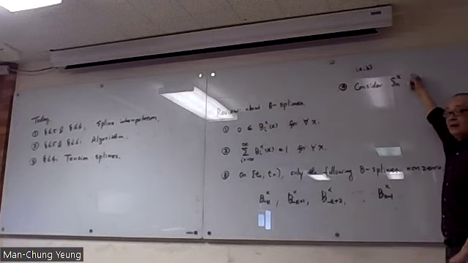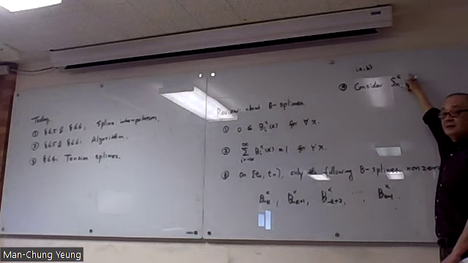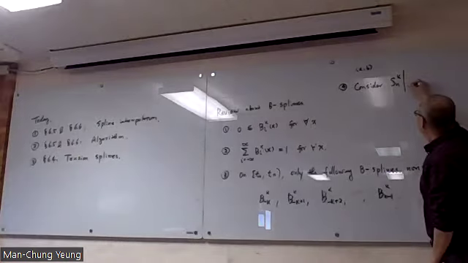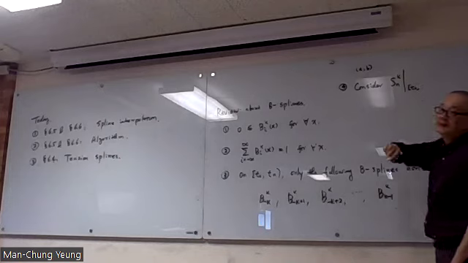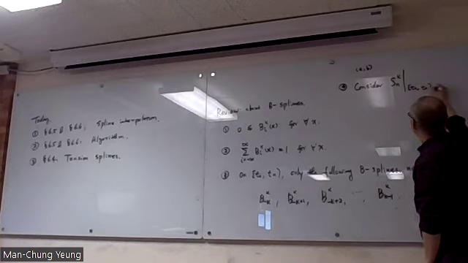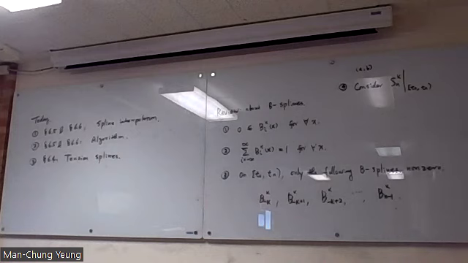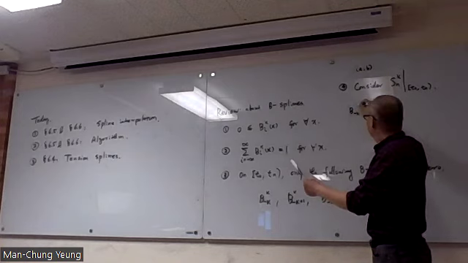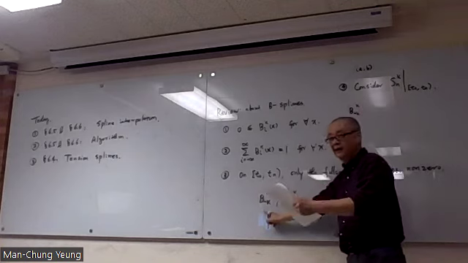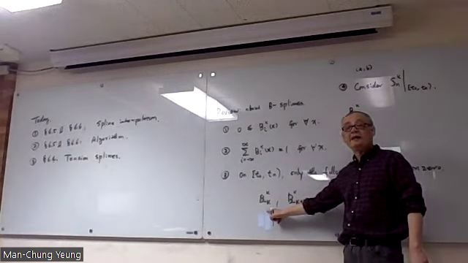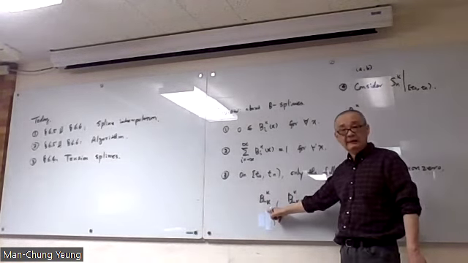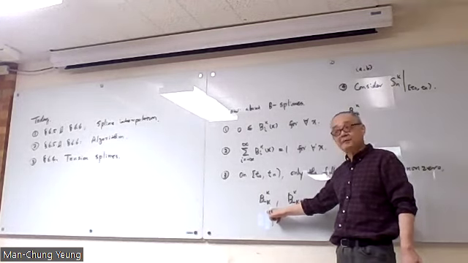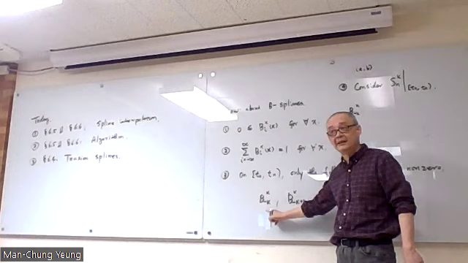Now let me restrict the functions to the interval T0 to Tn. Then for this space, a basis is B_{-k,k}. Here, this function is defined on negative infinity to positive infinity, the domain.